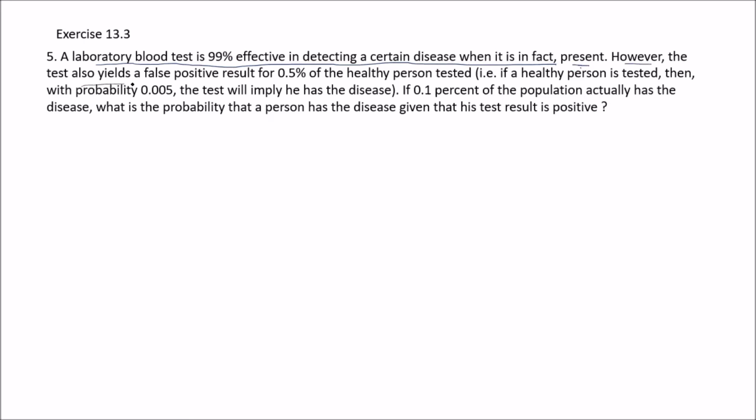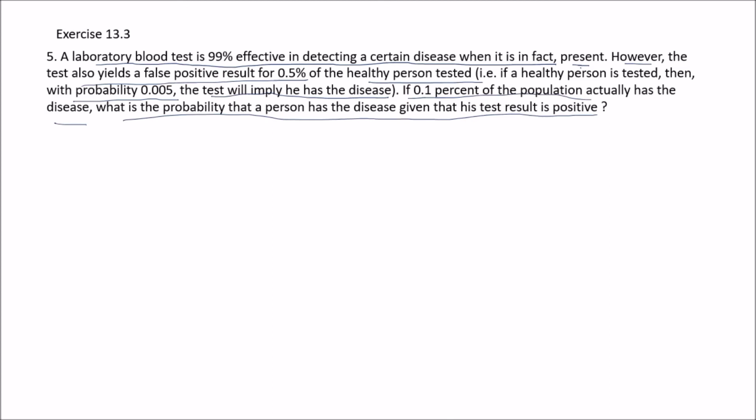However, the test gives a false positive result for 0.5% of healthy persons tested, then with probability 0.005, the test will imply he has the disease. If 0.1% of the population actually has the disease, what is the probability that a person has the disease given that the test result is positive? I hope this is a similar question. You can also do this question.